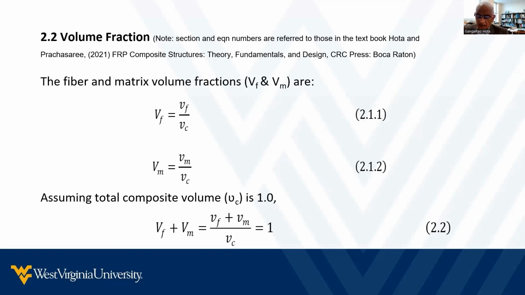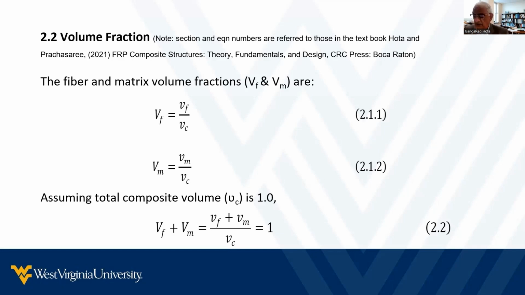So in this slide, the fiber and matrix volume fractions are defined as ratios of fiber volume or matrix volume to composite volume. That is why we said lowercase vf divided by lowercase v sub c, which is the composite, that is called fiber volume fraction.